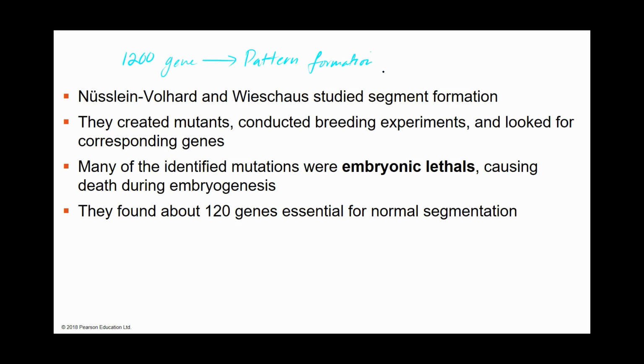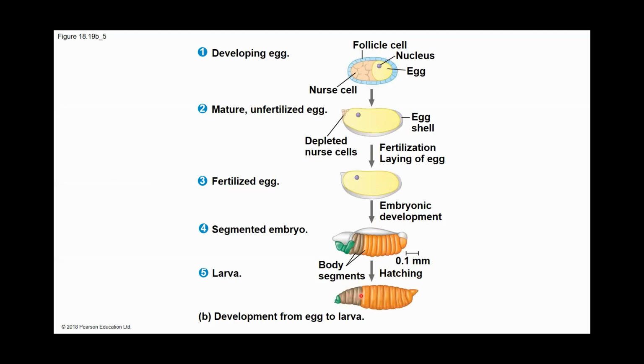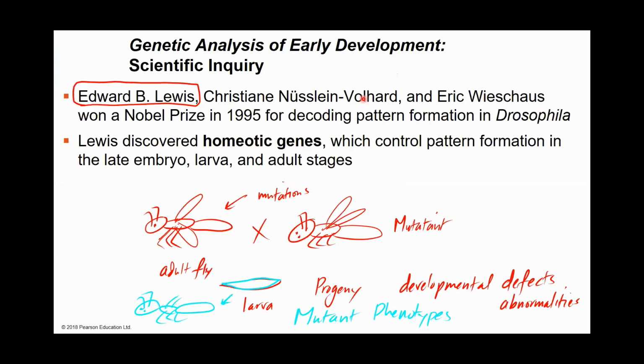And of these 1,200 genes, we have 120 genes that are essential for normal segmentation. So these genes are important for the correct formation of all segments in the larvae, and later on, of course, in the adult.